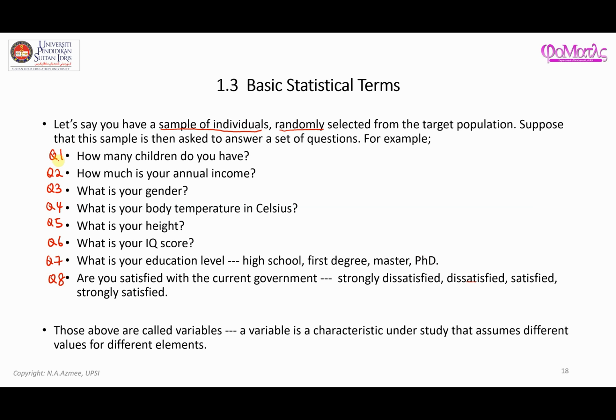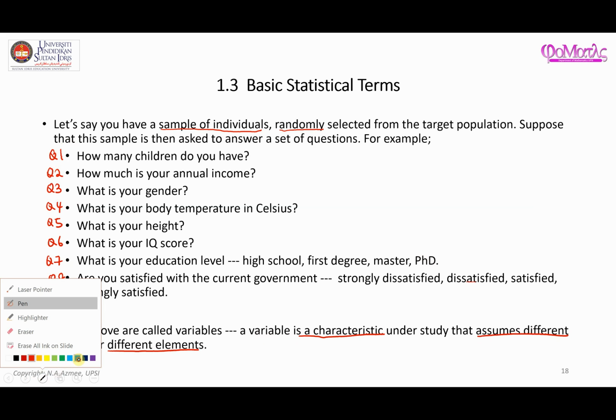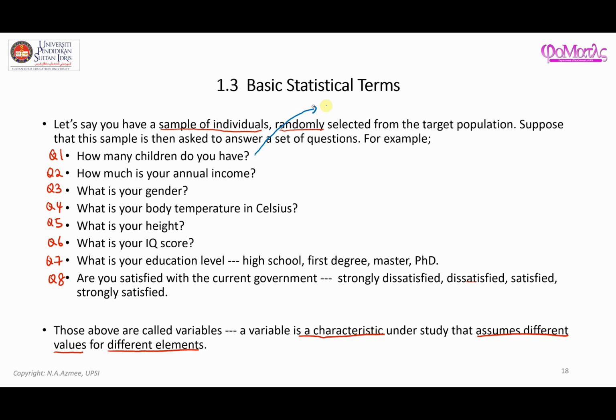The definition of a variable is given as such. It is a characteristic that assumes different values for different elements. As an example, if you ask this question to person A, the answer could be 10. So she has 10 children.